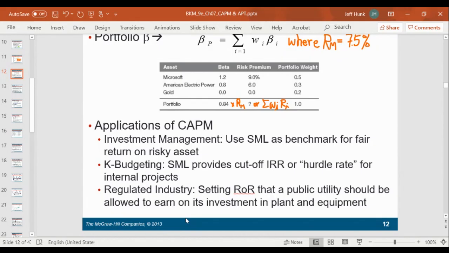In other words, what is the reasonable rate of return for regulated industries? And as a tool to set a reasonable rate of return for public utilities, CAPM is the tool for that, right?